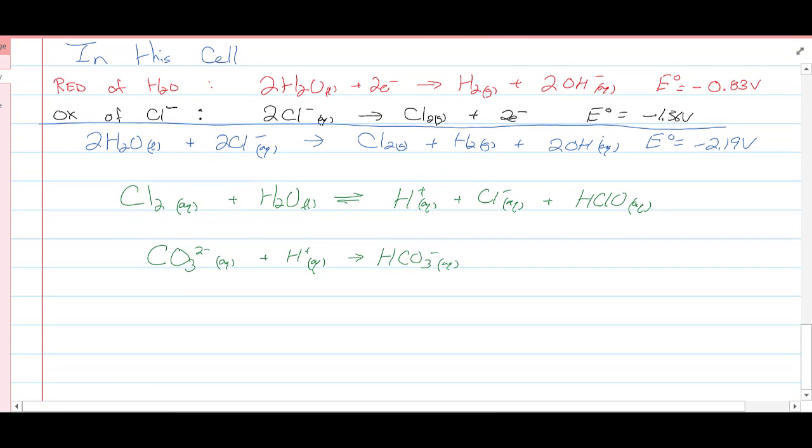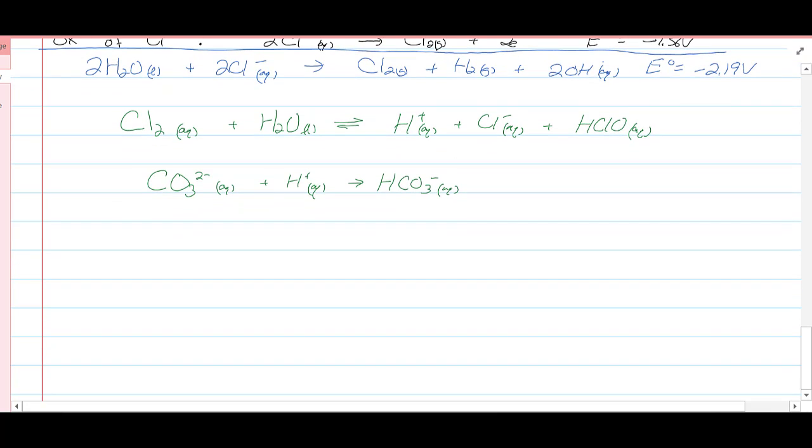Okay. And so we always adjust the pH because it matters. You know, hypochlorite's a base, hypochlorous acid is an acid, bicarbonate's a base, so you gotta keep that in mind.